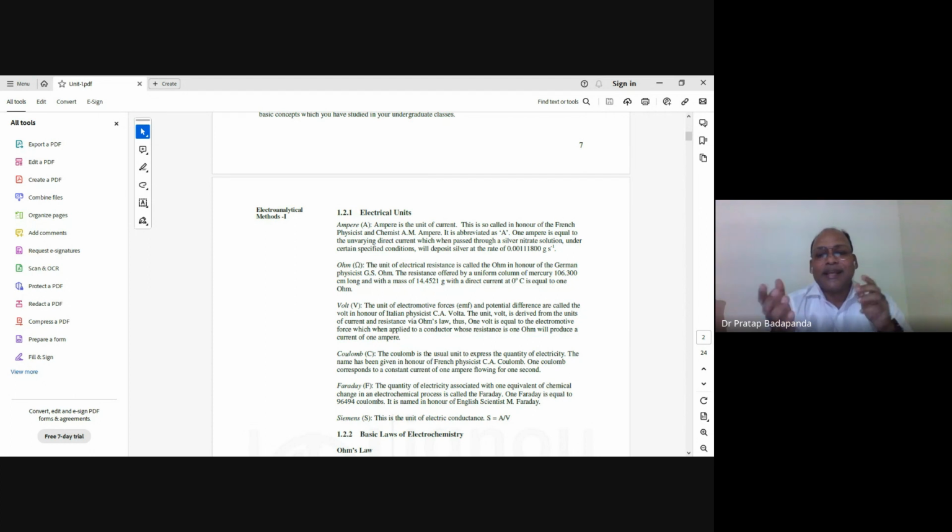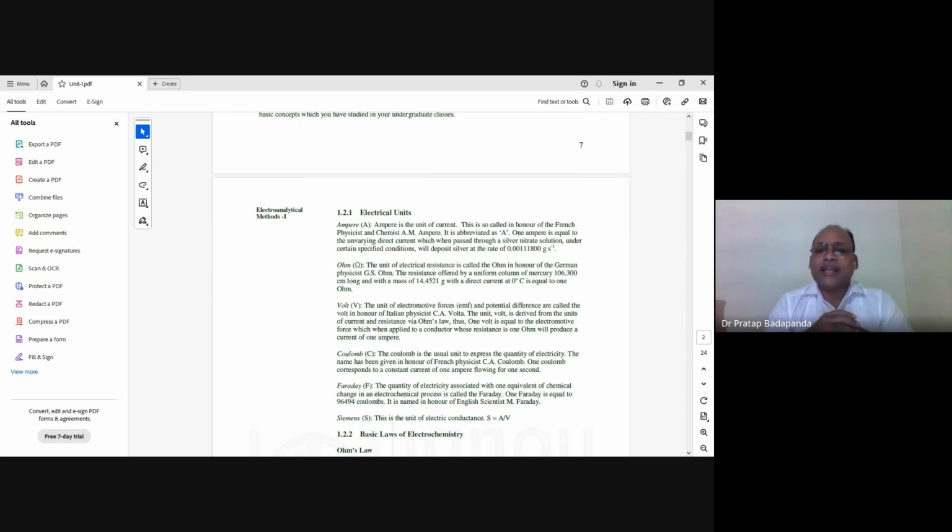The next thing is ohm. Ohm has the omega symbol. You have to memorize this symbol also, omega, because sometimes a question will come with this symbol, not with the word ohm. This unit is also named after a scientist, G.S. Ohm, who discovered this.